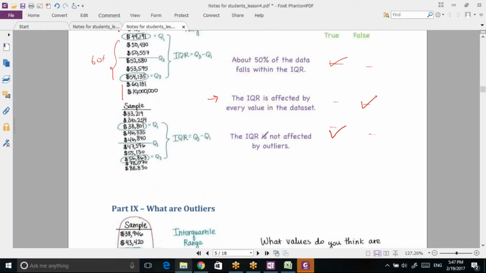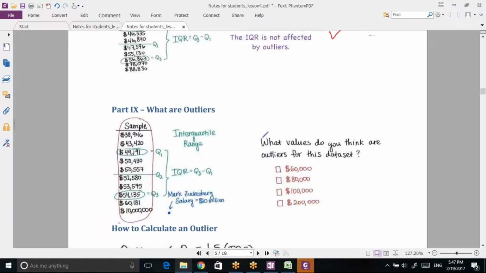Okay. So now the question comes, what are outliers? Suppose this is my data set. So what values do you think are outliers for this data set? 60,000, 80,000, 1 lakh or 200,000? Think and answer.